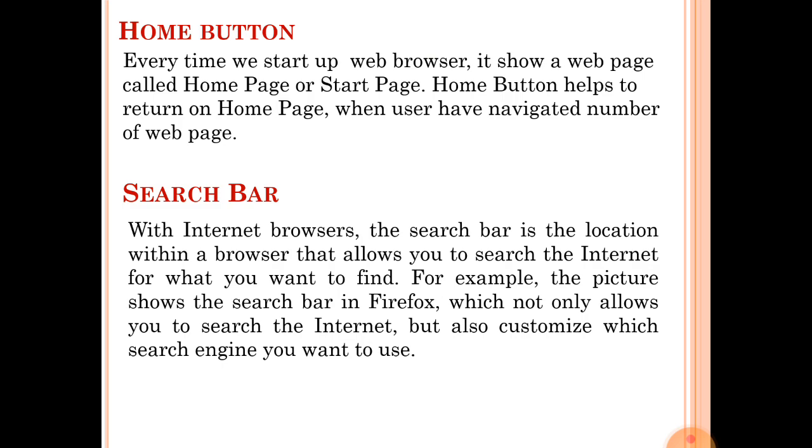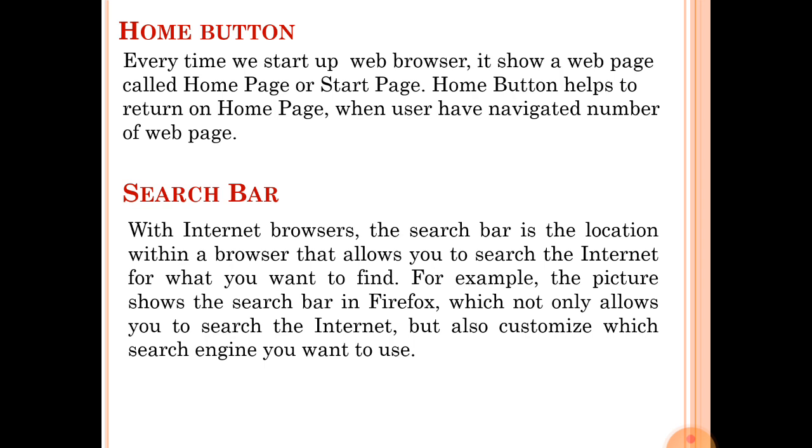Home button. If the user has opened a number of web pages and websites, and wants to go to the home page, the first page of the website, the user will click on the home button.